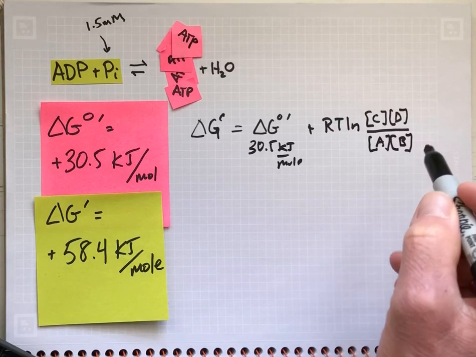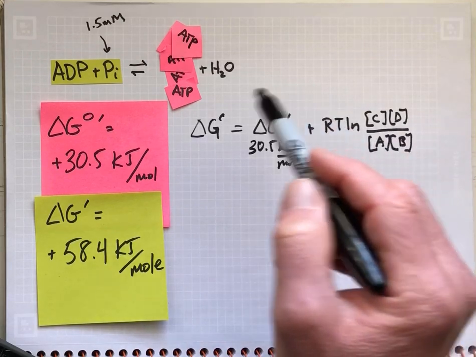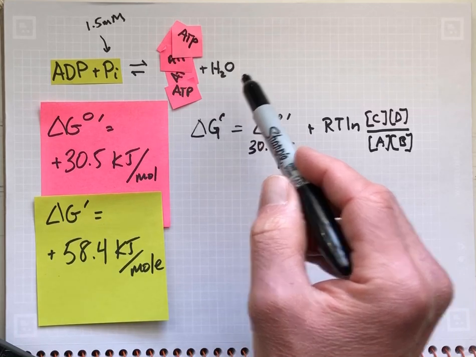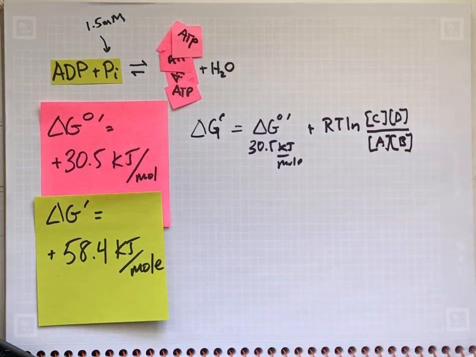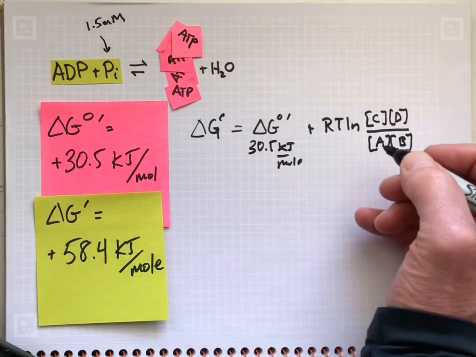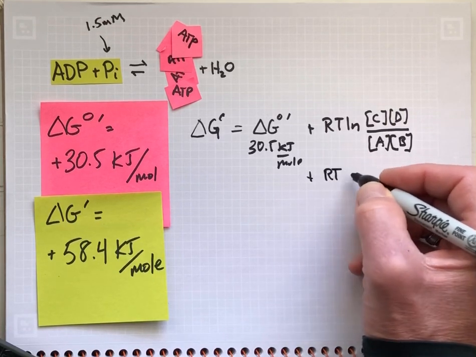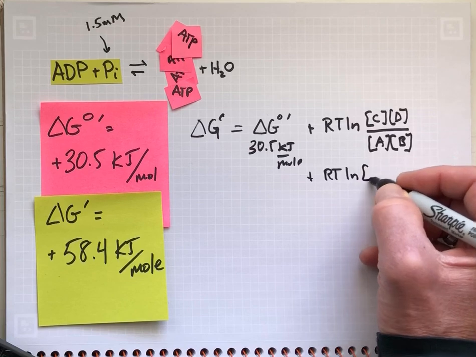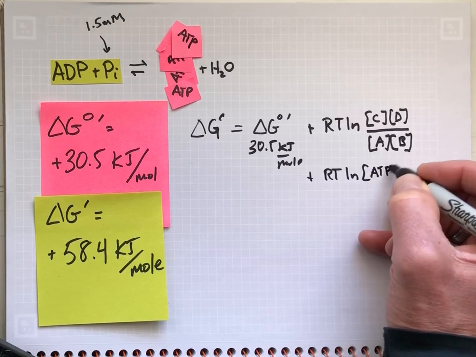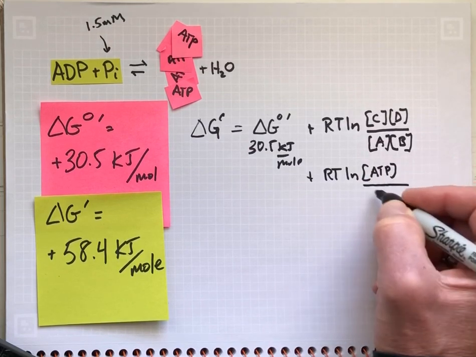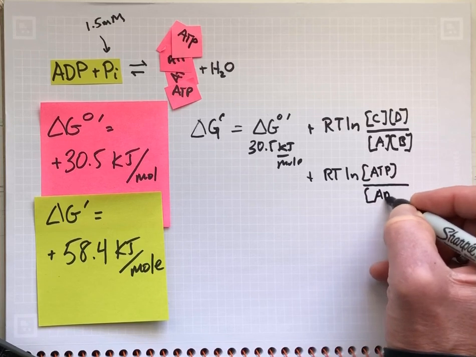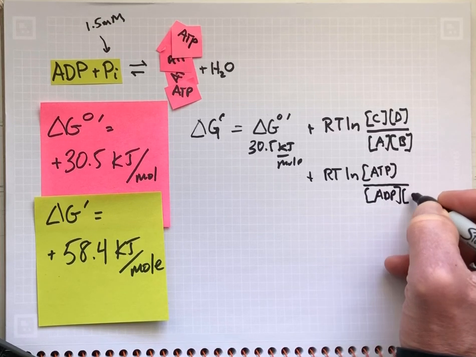Now we're going to replace C and D with our products ATP and water. We can ignore water because the activity of water is always taken to be 1. So we would write plus RT ln concentration of ATP divided by concentration of ADP and inorganic phosphate.